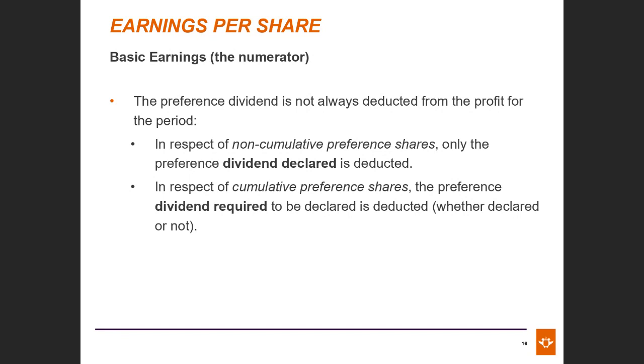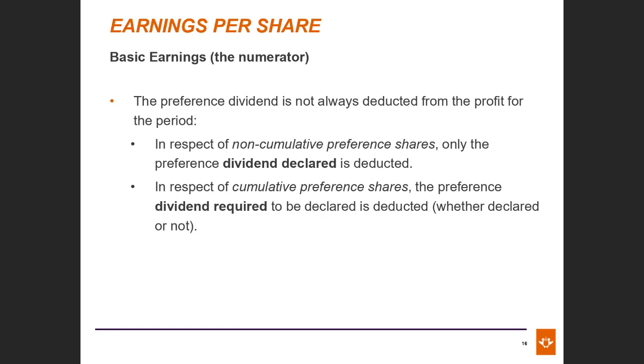However, if we have a preference share that is non-cumulative and a dividend is declared, then yes, we will deduct it. So when we have a non-cumulative preference share, we will only deduct a dividend to calculate our basic earnings if that dividend is declared, because when a dividend is declared, we know it is going to be paid.